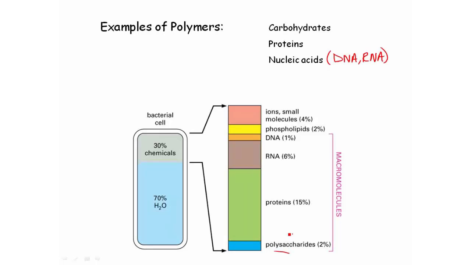That is a type of sugar. We do have proteins there, RNA and DNA, which are nucleic acids. And then there's also going to be some small molecules in there. So other than the water that makes up the inside of the cell, most of what we have left is going to be macromolecules, and most of them will be polymers.